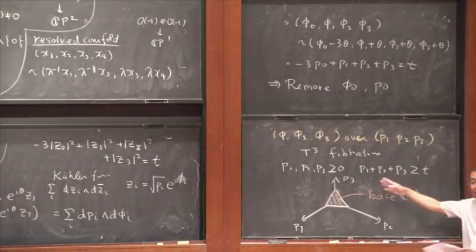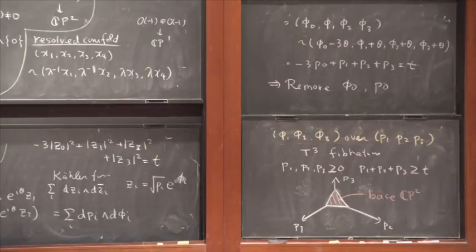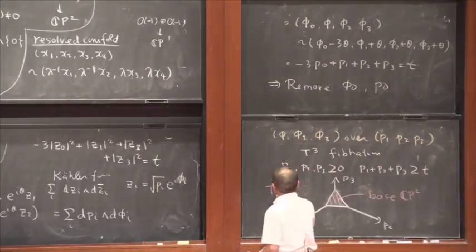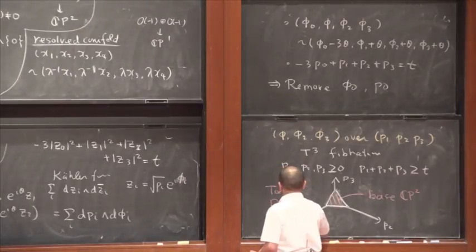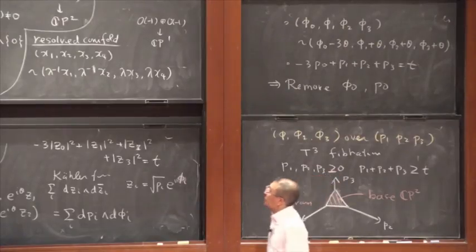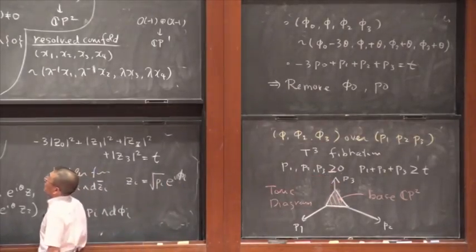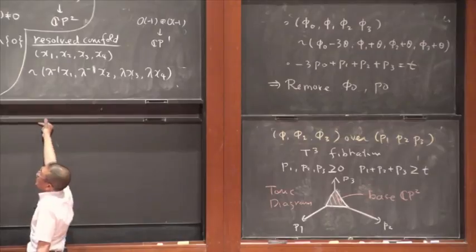So therefore, this diagram captures the geometry of the T3 fibration, and this is called a toric diagram. So in Calabi-Yau literature, sometimes you hear about toric diagrams, and there is nothing mysterious about it.